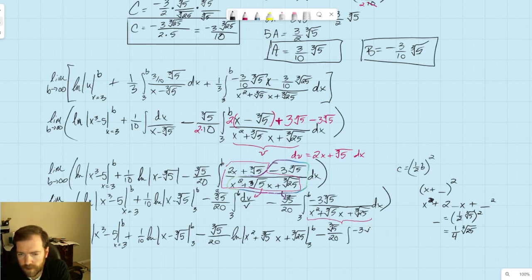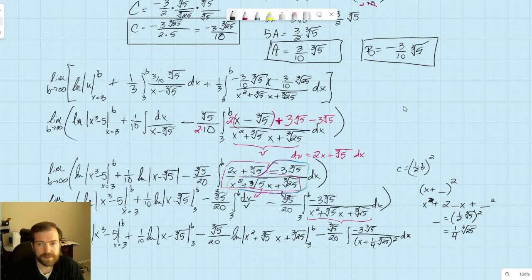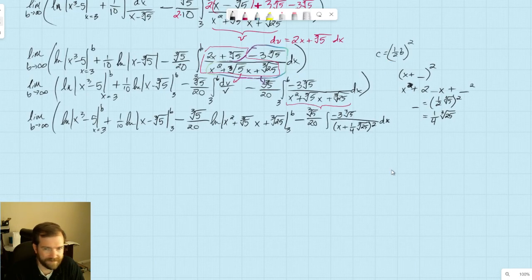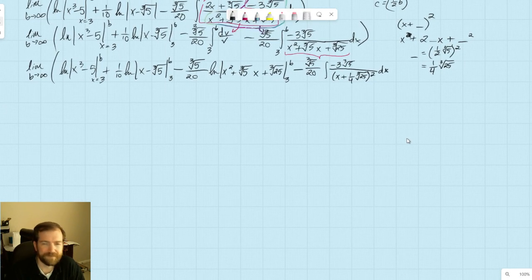So -3 cube root of 5 divided by, here at the bottom we're going to have x plus, and again this is what we've got, 1/4 cube root of 25 parentheses squared dx. All right, now this becomes a trig integral. So we've got to solve the trig integral.